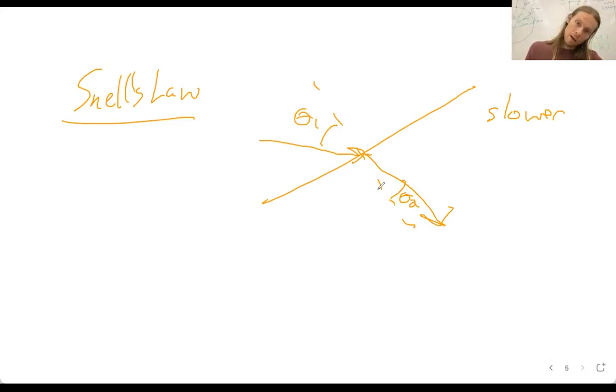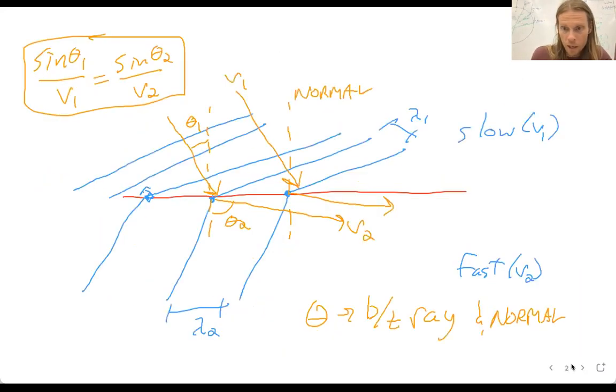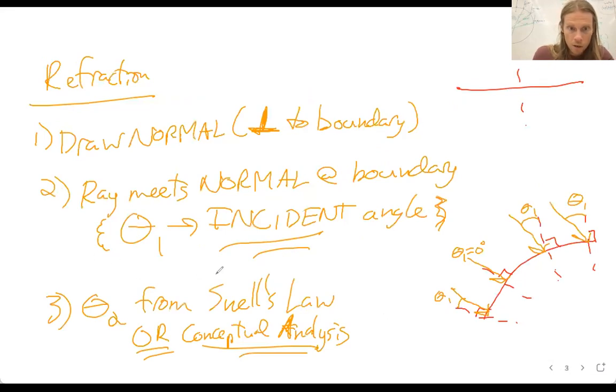See if you can tilt your head. Makes sense? Or it just makes sense on its own. Smaller angle, it goes through. Oh, wait, I forgot to say that: theta 2 from Snell's law. The ray goes through the normal.